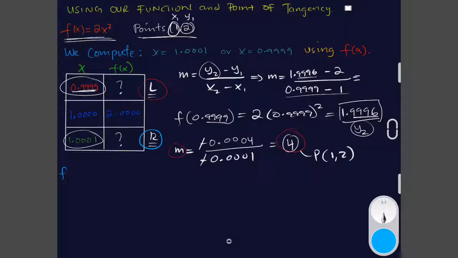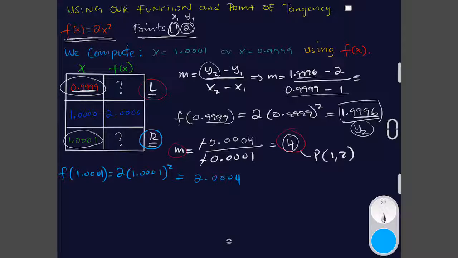So f of 1.0001 is equal to 2 times 1.0001 squared. And if we get a calculator and see 1.0001 squared times 2, we get 2.0004.